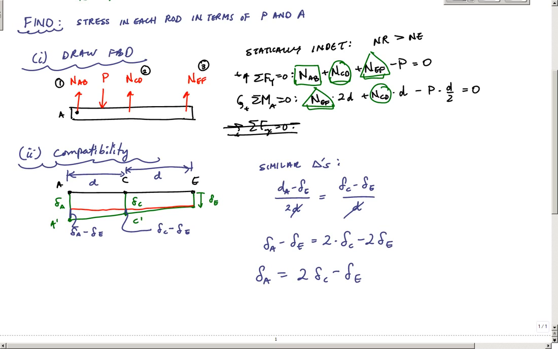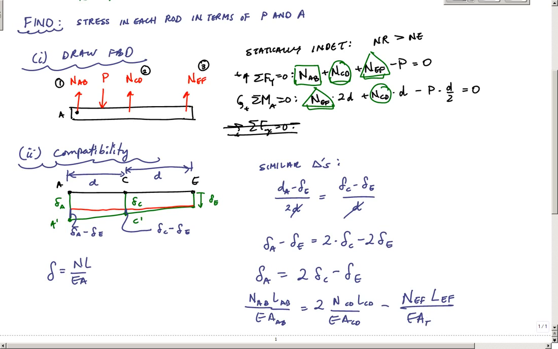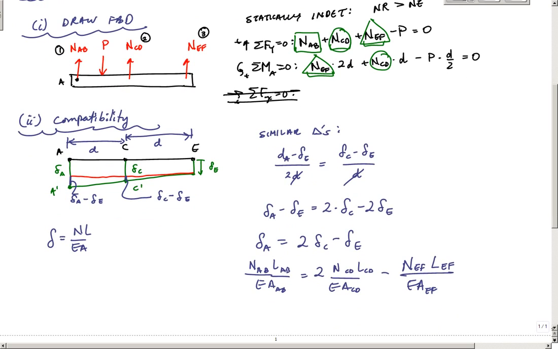And then if I substitute the definition of the axial deformation of each rod, delta is equal to NL over EA, I would have NAB L over EA equal to 2 times NCD L over EA minus NEF L over EA.